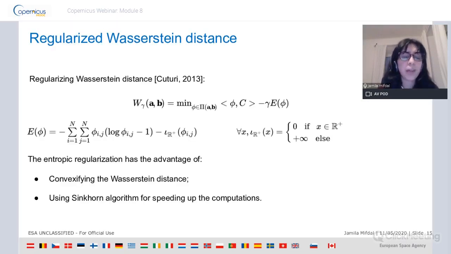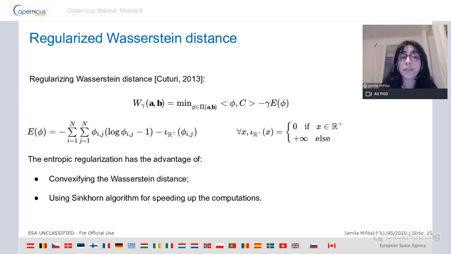Now I'm going to speak about the regularized Wasserstein distance. It's the same definition, except that here we add the entropic energy multiplied by an entropic coefficient, gamma. Why do we do the entropic regularization of the Wasserstein distance? Because it has many computational advantages. First, it makes the problem strictly convex.